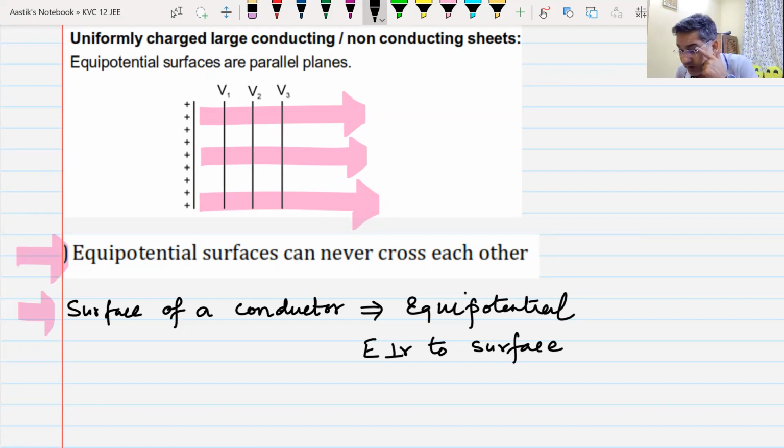Because the surface of a conductor has to be equipotential always. We get this, yes or no?